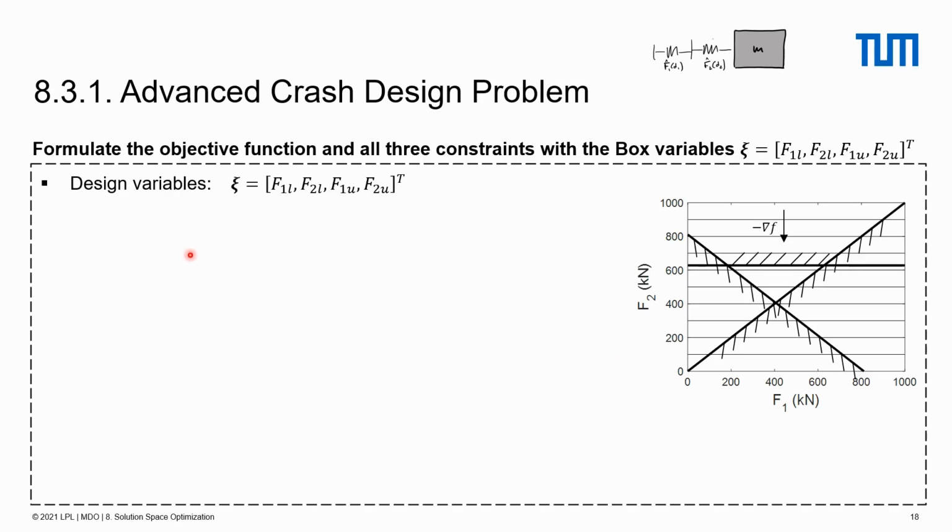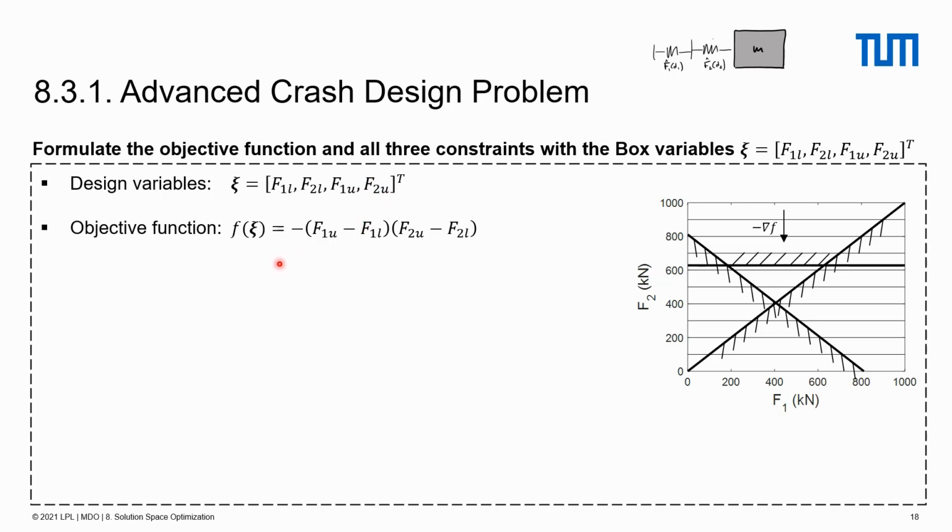Start with task 1. Formulate the objective function and the constraints. Now we are actually using the method corner checking here, because we defined the design variable as the corner of the design box. That is the lower bound for F1, lower bound for F2, upper bound for F1, and upper bound for F2.